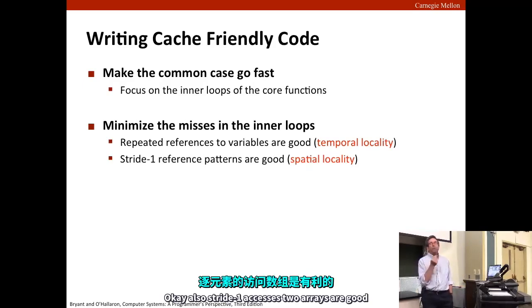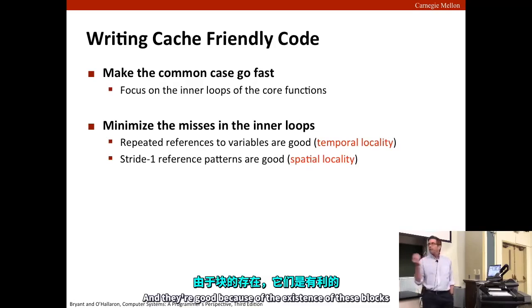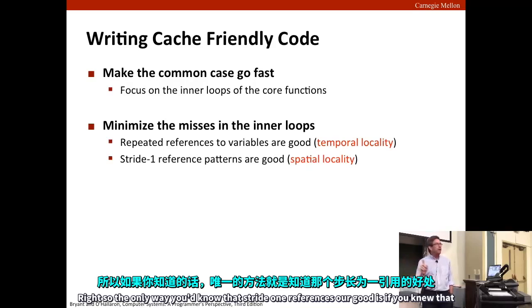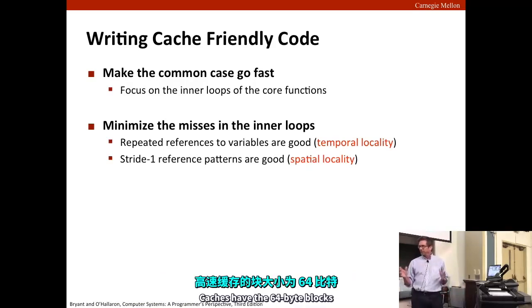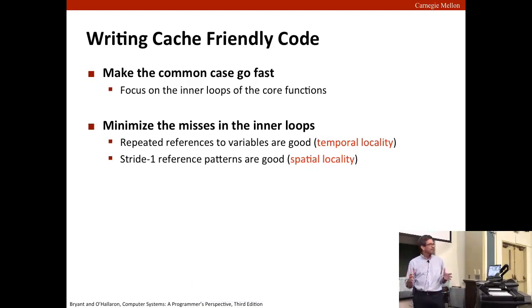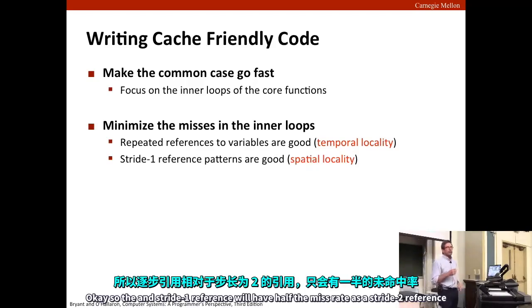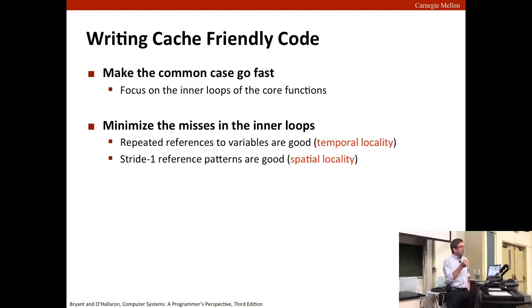Okay, also stride 1 accesses to arrays are good. And they're good because of the existence of these blocks. The only way you'd know that stride 1 references are good is if you knew that caches have these 64-byte blocks. A stride 1 reference will have half the miss rate of a stride 2 reference.